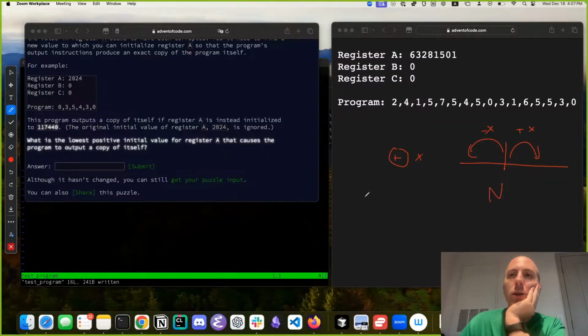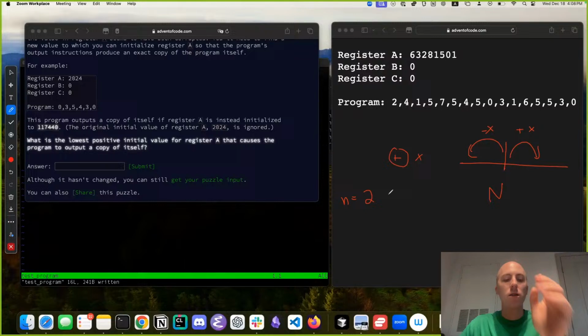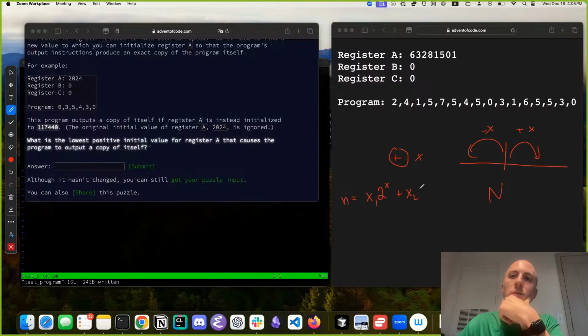How do you even characterize the number of ones in a binary string? A binary string is equal to x1 times 2 to the x plus x2.